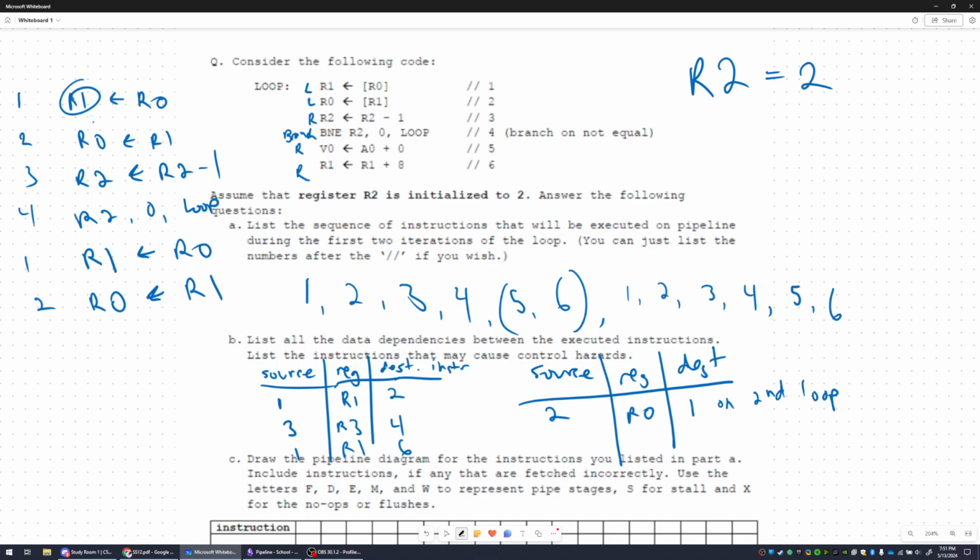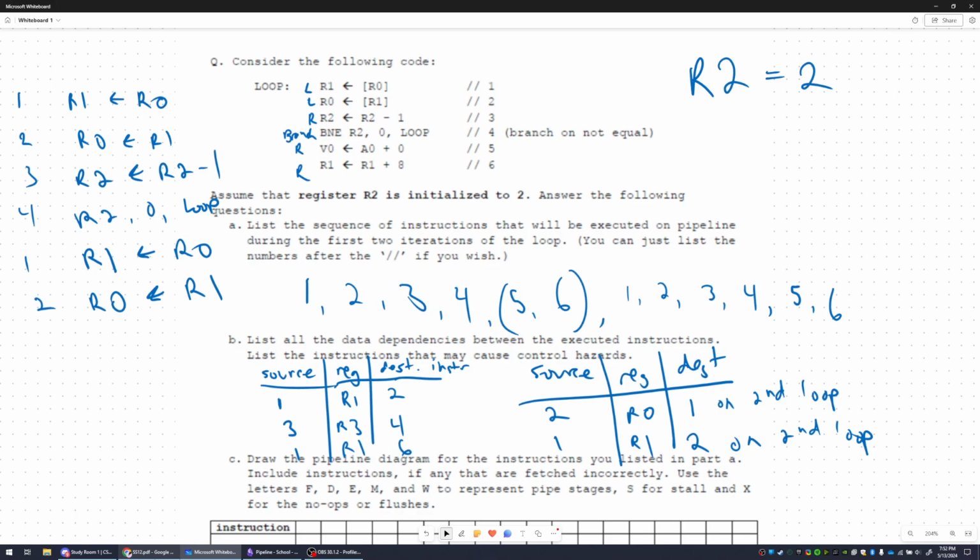And then also I think there's one over here, like I was saying. I think the source is 1 again, and then this is R1, and then the destination is line 2 on second loop.